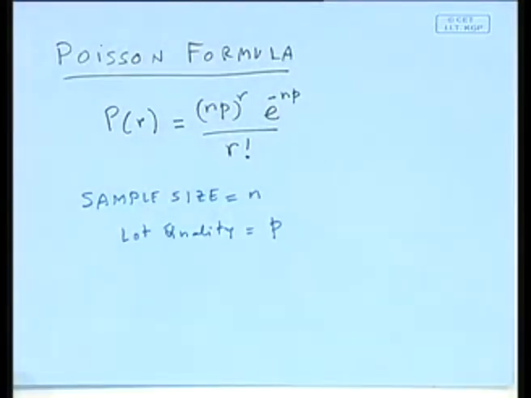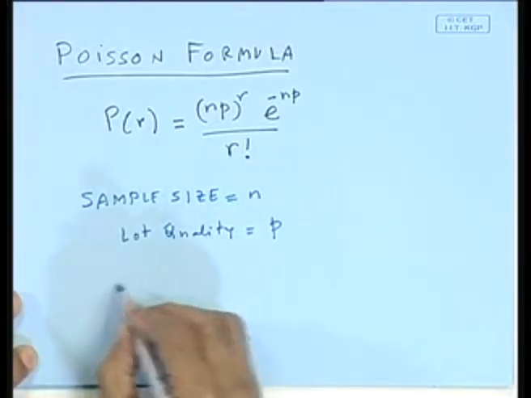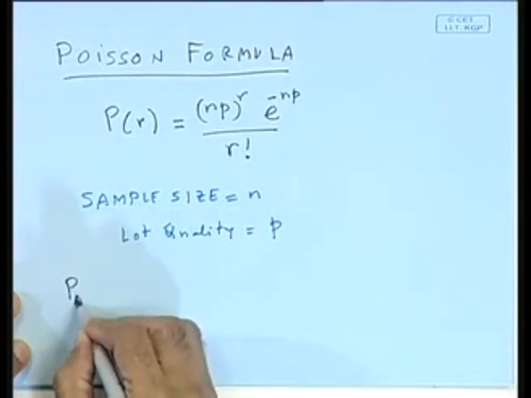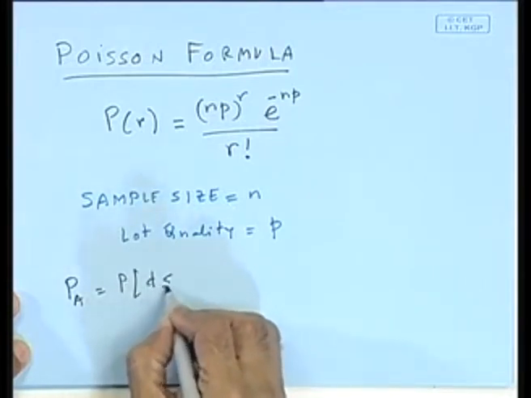This is the formula which I can also use in designing a sampling plan, or in constructing the PA formula. How will I find PA? Suppose my rule is that you accept the lot. PA is the probability of finding d less than or equal to c.